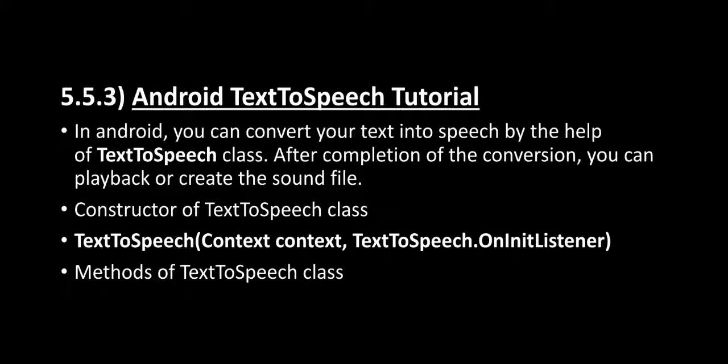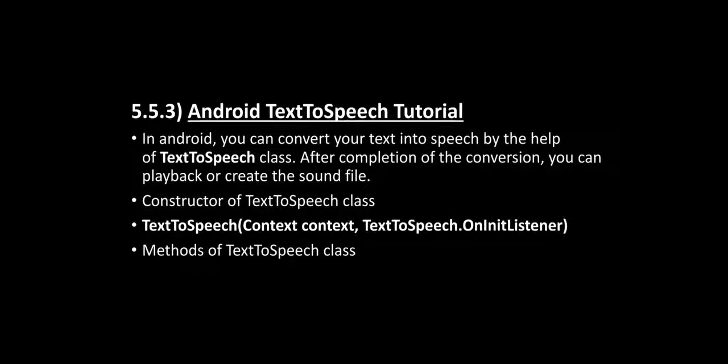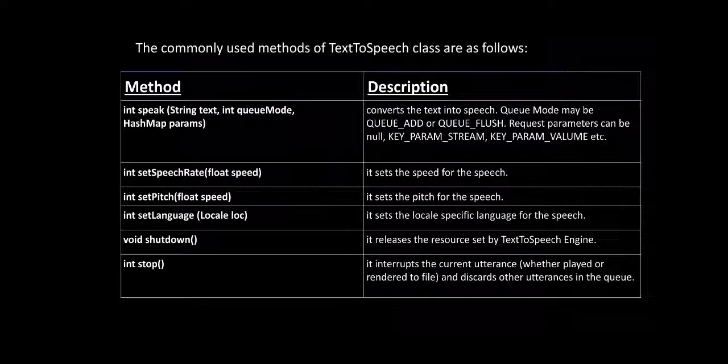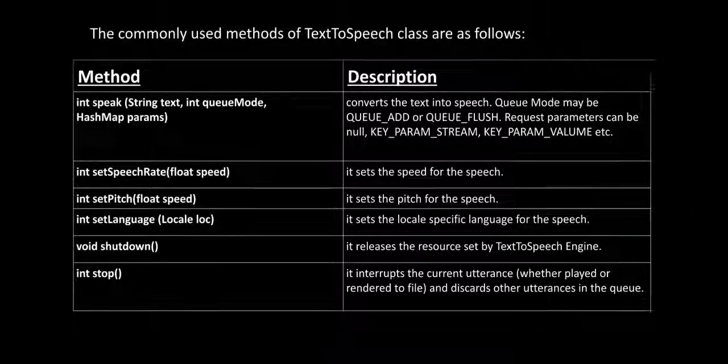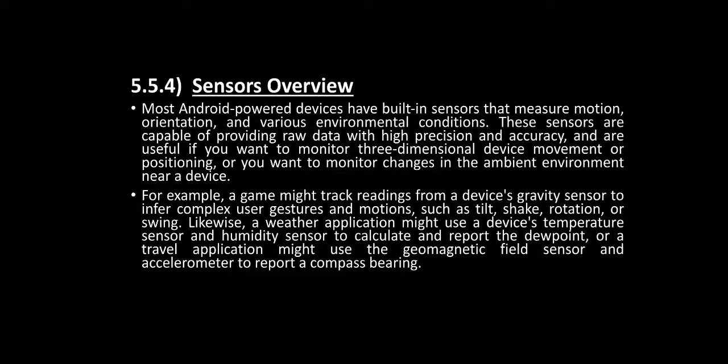The constructor of the TextToSpeech class is TextToSpeech(Context, TextToSpeech.OnInitListener). Methods of the TextToSpeech class include speak, setSpeechRate, setPitch, setLanguage, shutdown and stop. All these are methods of the text to speech class.